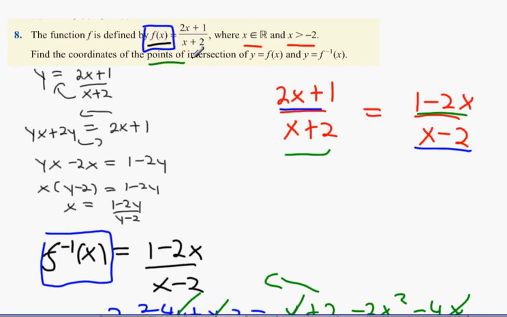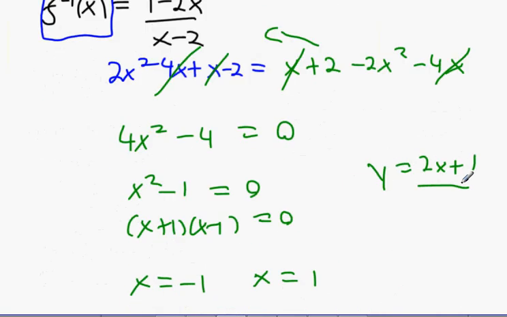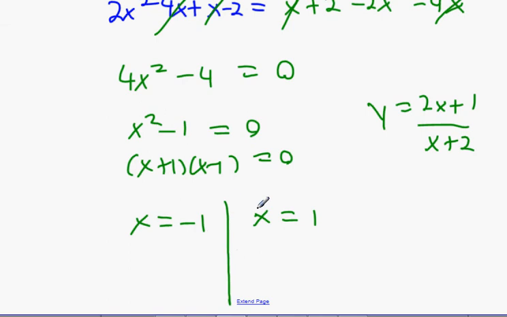Now, it wants the points of intersection. That means I also have to calculate the y value. So y equals (2x plus 1) all over (x plus 2). And what I can do is just replace in x twice. So I can say here is y equals (2 times 1 plus 1) all over (1 plus 2).